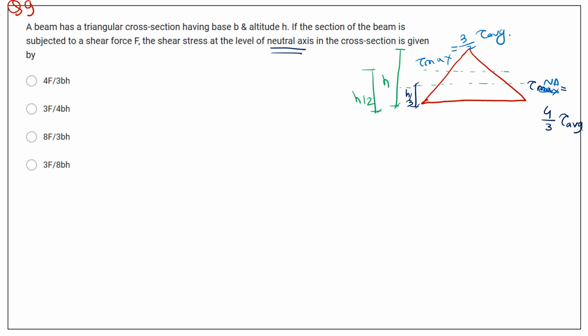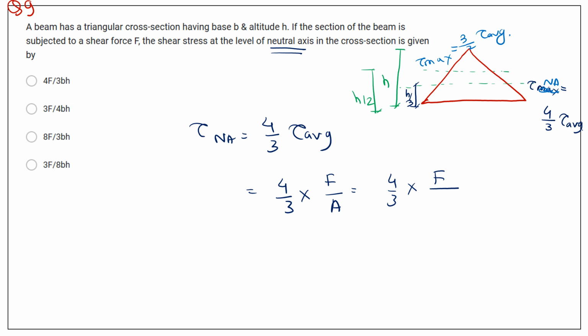But here they ask about the neutral axis, so we take the shear stress value tau at neutral axis equal to 4 by 3 tau average, that is 4 by 3 into F divided by A. Area is half base into height, where B is the base of the triangle.